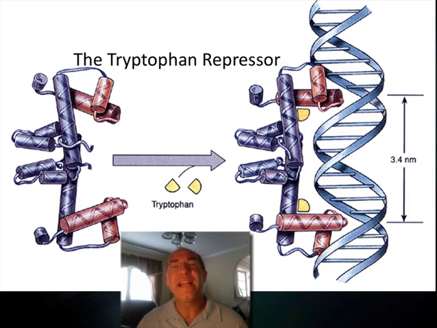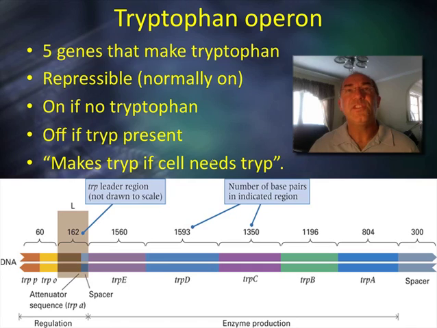But the reason we're looking at the tryptophan operon is that it has a secondary mechanism by which it can control the expression of this gene. This gene also contains a region called the leader region, and it's just between the operator and the first structural gene. It's not very long, but it contains some very special sequences.